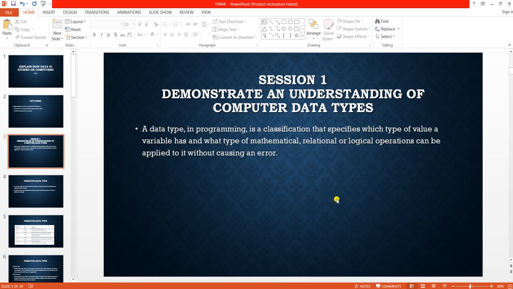Logic operators may refer to the type of data type that you are using, whether it's your boolean. Boolean is referred to as your logical data operation. So in this instance, whether it's true or false or zeros or one, that's what they talk about, or that's what they refer to as your mathematical relational.